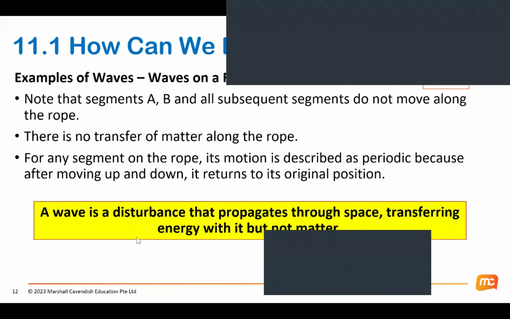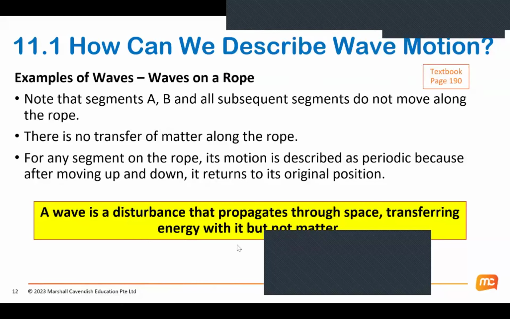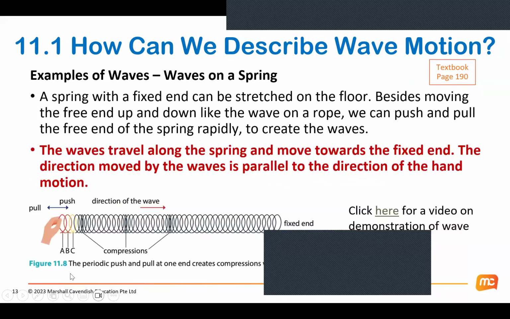So this is what I mean by a wave is a disturbance that propagates through space, transferring energy, but not matter. There are other ways. Instead of always moving up and down, I can also make a wave in a slinky coil, for example. I can move up and down the slinky coil. I can also move the slinky coil by pulling and pushing it.